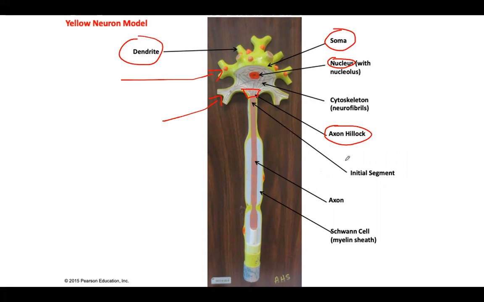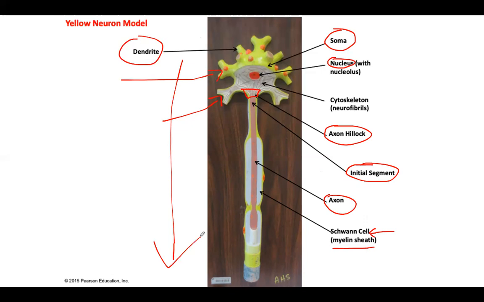And just distal to it, again, is the initial segment. Some call it the trigger zone. Here's your axon, and here's another Schwann cell. What does the Schwann cell produce? It produces the myelin sheath, which is, again, made up of fat and cholesterol and insulation to speed up the conduction of impulses so that it travels super quick in that direction.